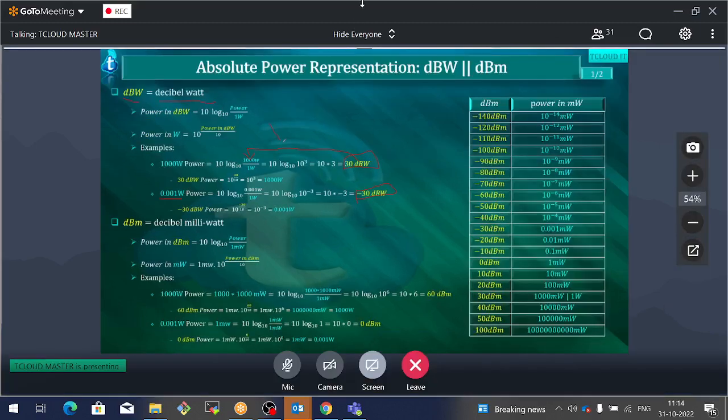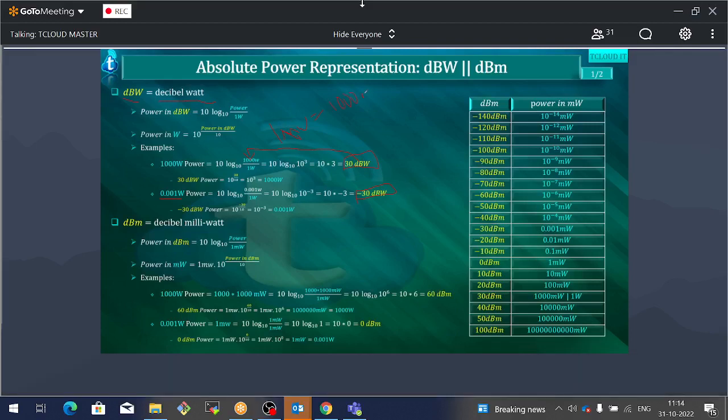Because one watt is equal to 1000 milliwatts, it is a division by 1000. So when you see any negative values in decibel watts, or normally in any representation, you have to understand that it is a very, very minute value.